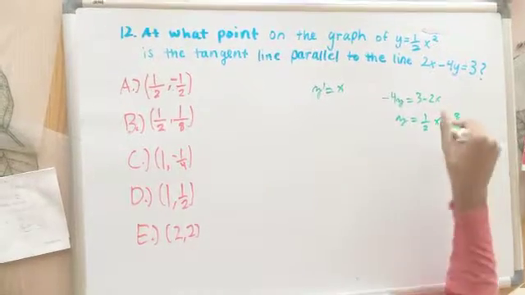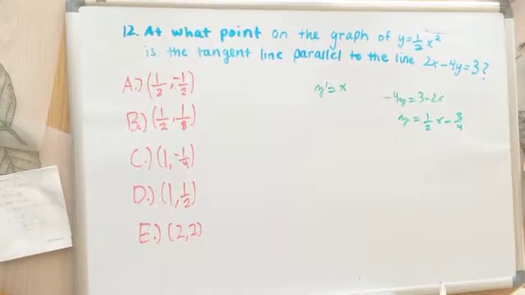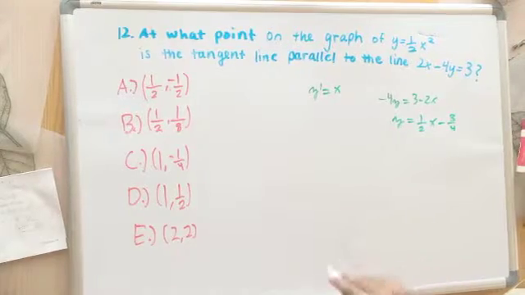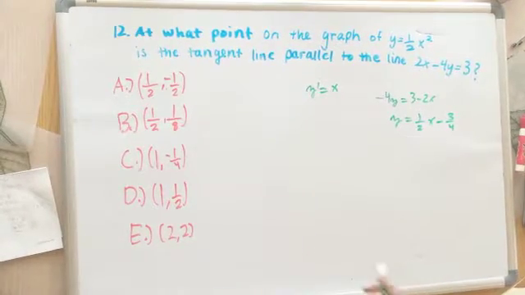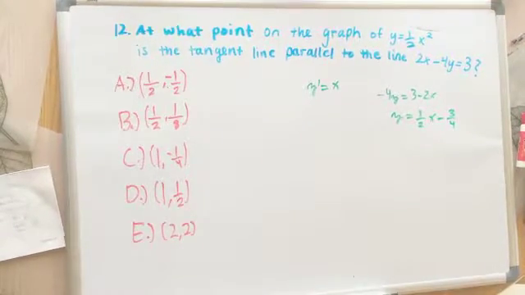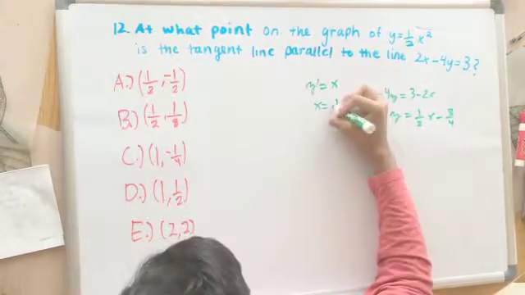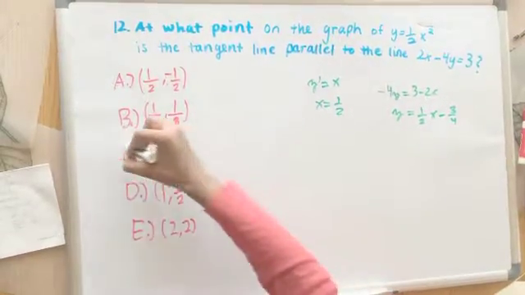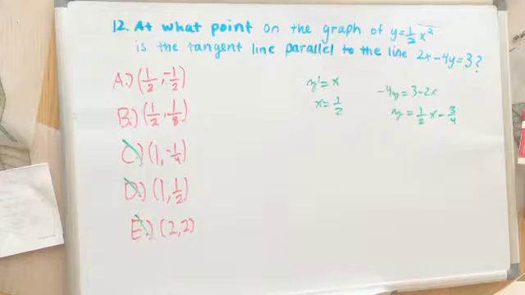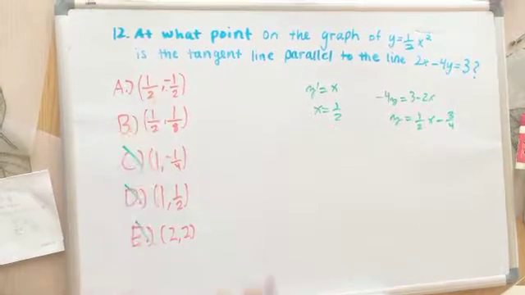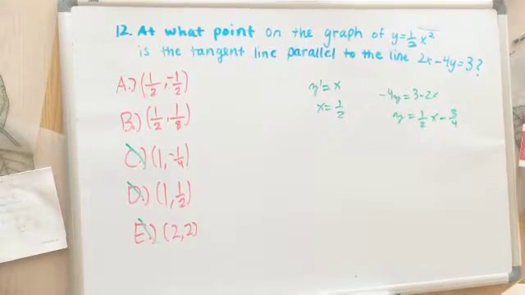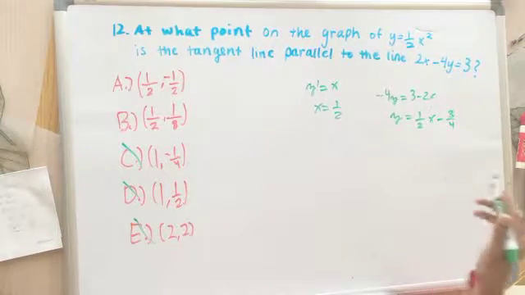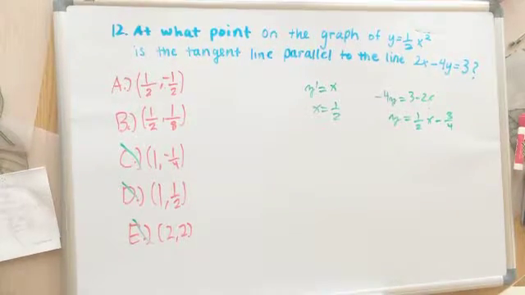So this means that the slope of this line is 1/2, which means that the derivative has to be 1/2, which means x has to be 1/2. So immediately you cannot look to C, D, or E, because x is not 1/2, which means the only options are A and B. So this is why you must get the same slopes.